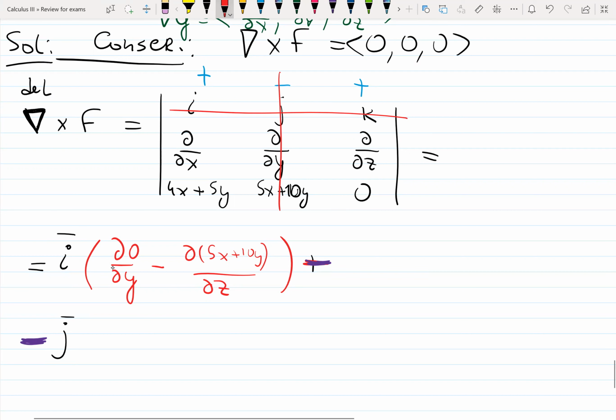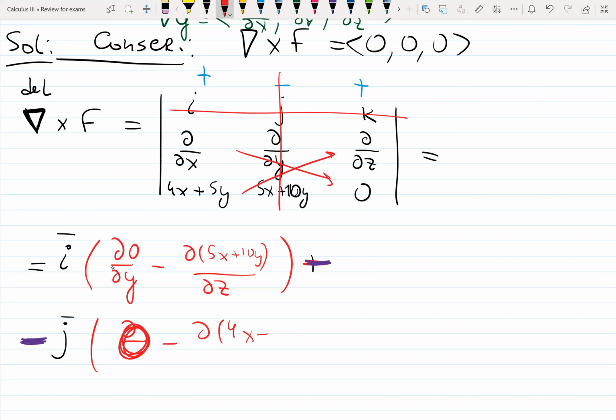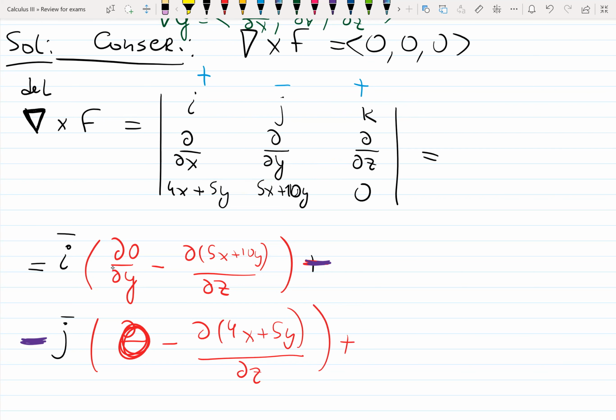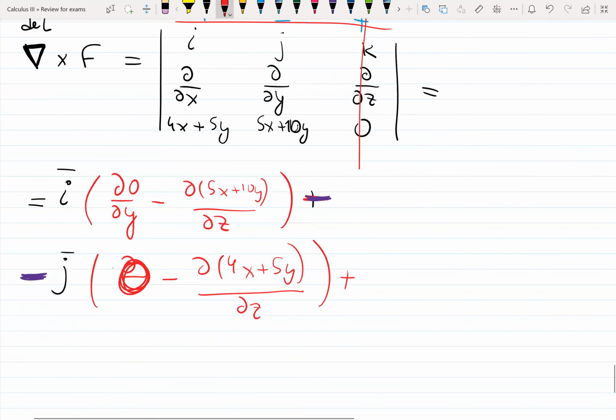Minus, open parentheses. Whatever is left, the determinant, well, that's 0, just give it 0. Minus derivative of 4x plus 5y with respect to z, plus, and the last one, bombarding, plus k.